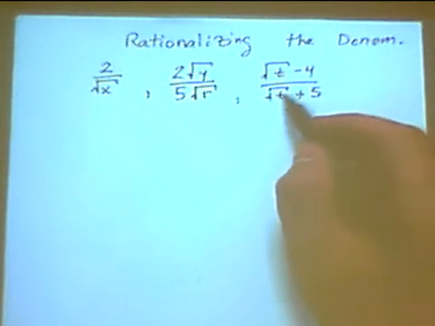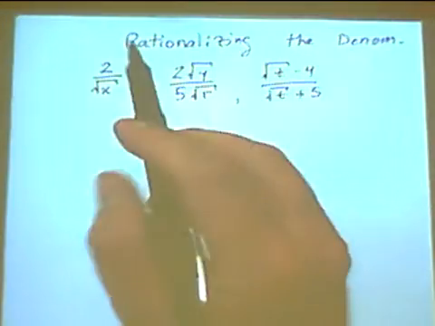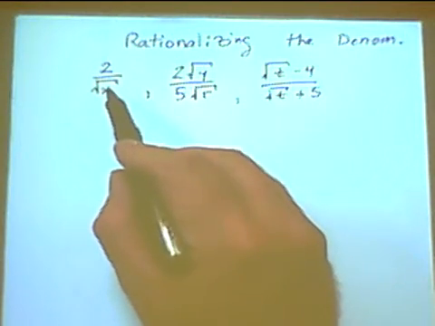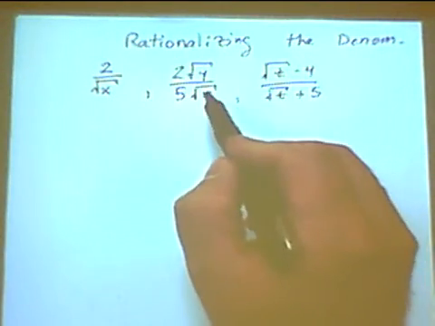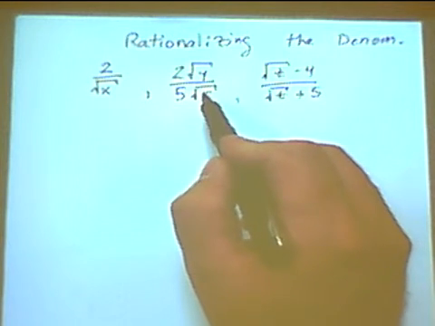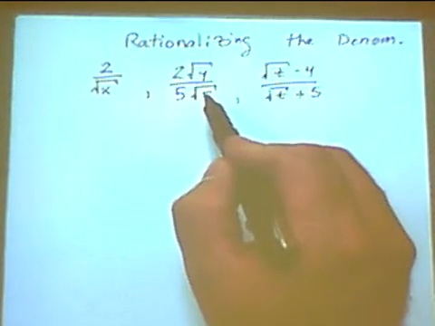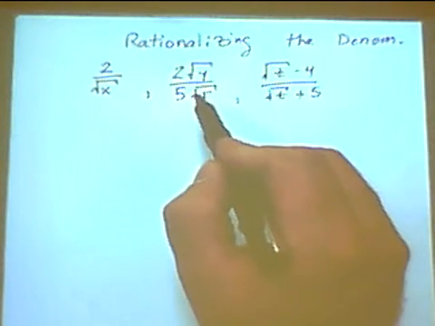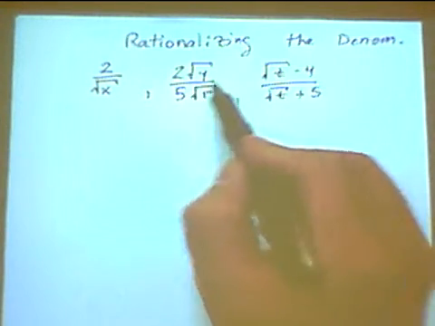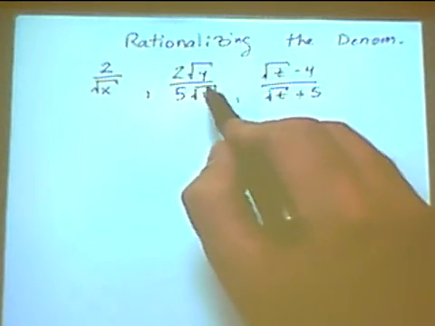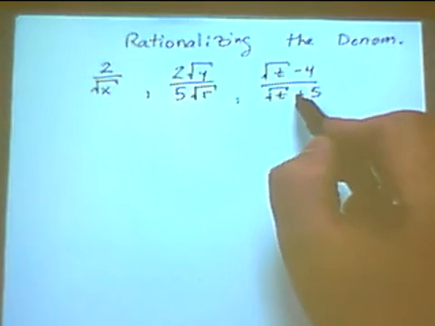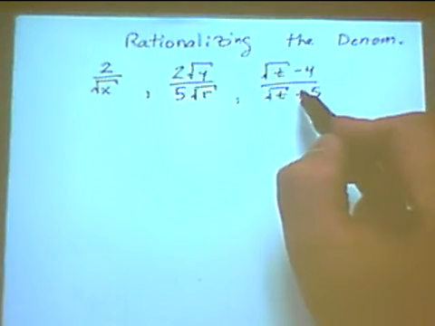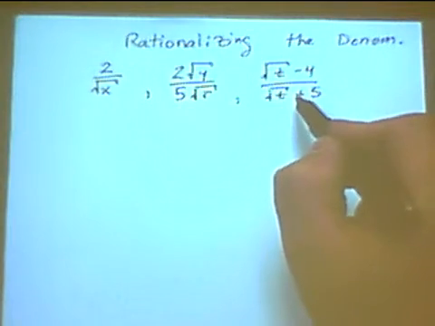I have 2 terms here. To get rid of the square root of x for the first expression, and to get rid of the square root of r for the second expression, we're going to do the same thing, and we will do it in just a minute. However, the method we use for these first 2 expressions will not work for the third one. The third one, we have to use a different method, and I will show you that when we get to it.